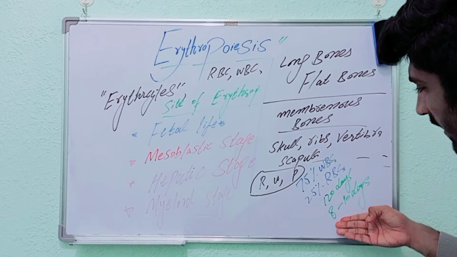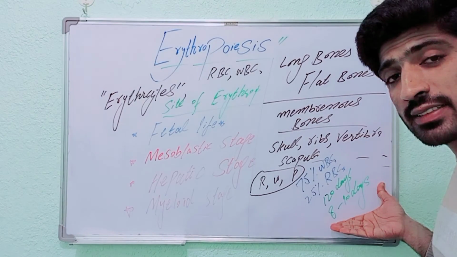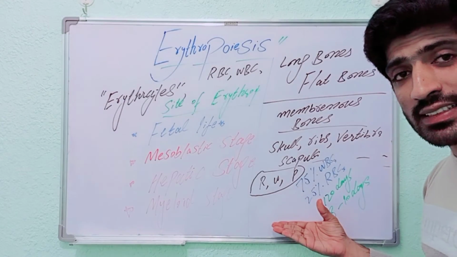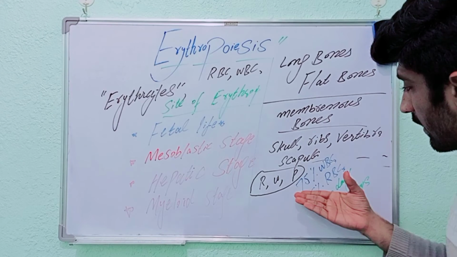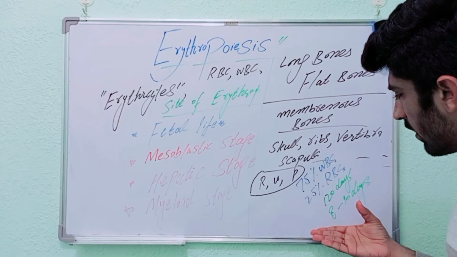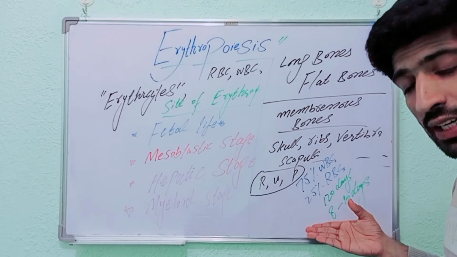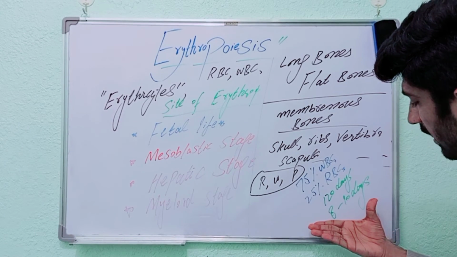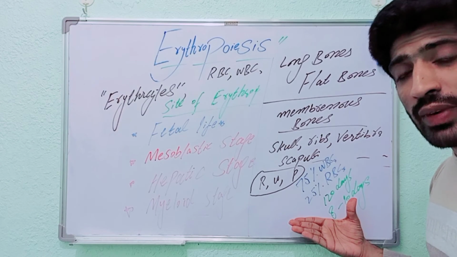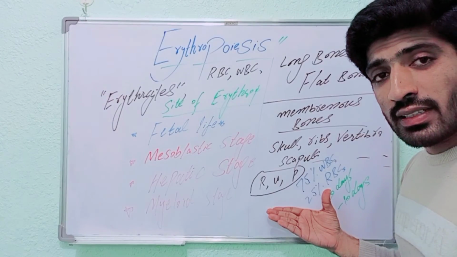Because the lifespan of white blood cells is very short compared to red blood cells, and the lifespan of red blood cells is very long, to maintain the value of white blood cells in the blood, the bone marrow produces a lot of white blood cells.